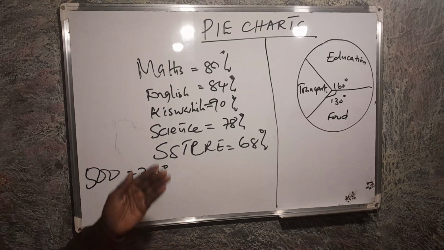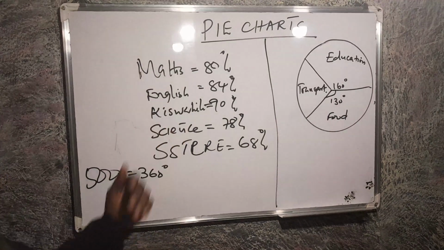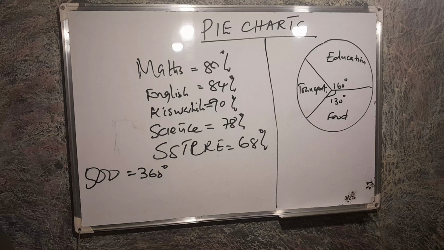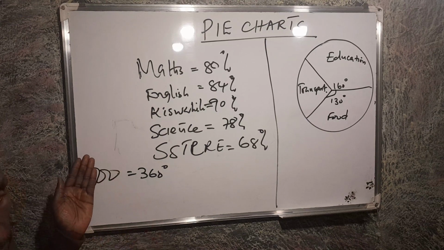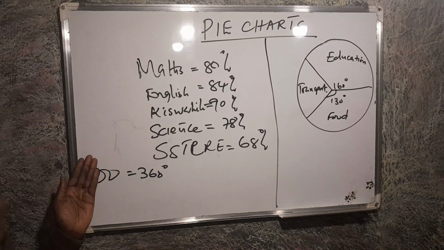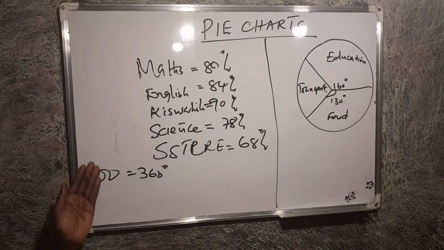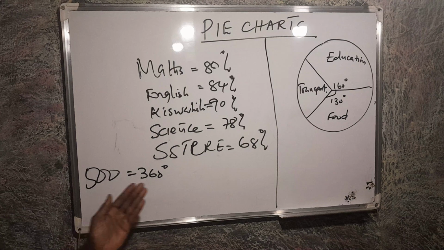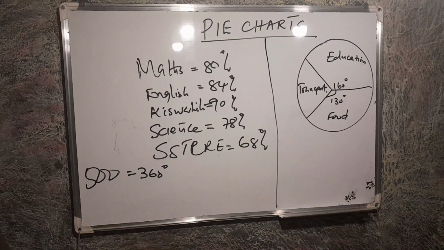So if you want to know the angle that will be represented by Kiswahili, it will be what? 90 over 500 times 360. Work it out, what does it give you? Is that how you did it?